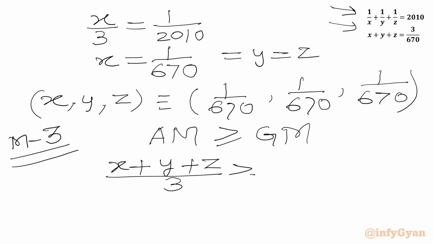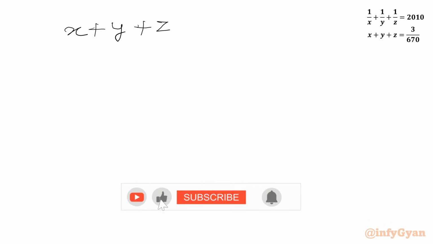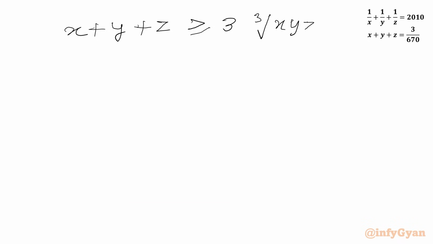This must be greater than or equal to cube root of xyz. Now we can multiply both sides of this inequality by 3. So I can get x plus y plus z greater than or equal to 3 times cube root of xyz.